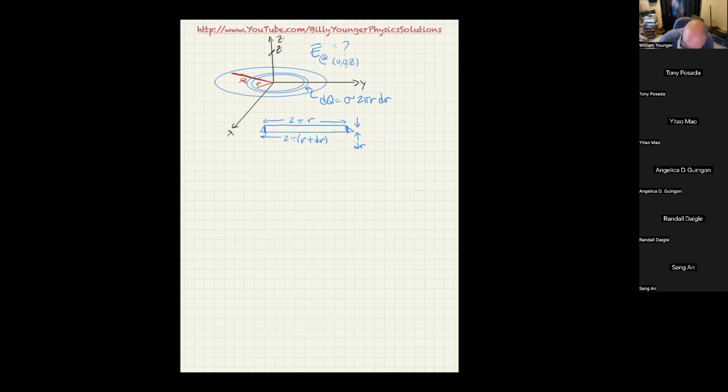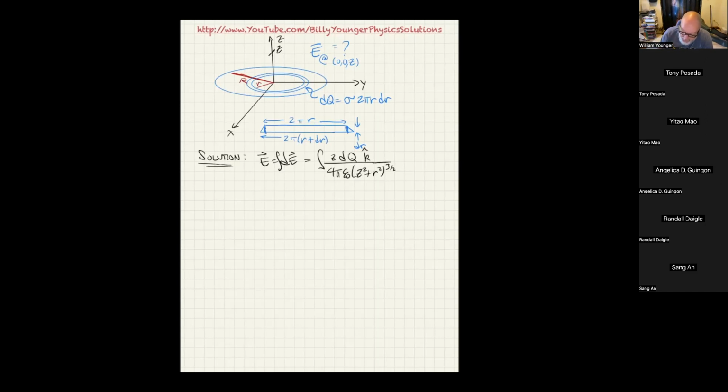So my solution is going to be, I'm going to use E is equal to the integral of dE, but this time dE is going to be dQ times z over 4 pi epsilon naught. In this case, it's actually the r that's changing, so I'll put (z squared plus little r squared) to the 3 halves. And we obviously know it's going to be pointing in the k hat direction from the same symmetry arguments we made before.